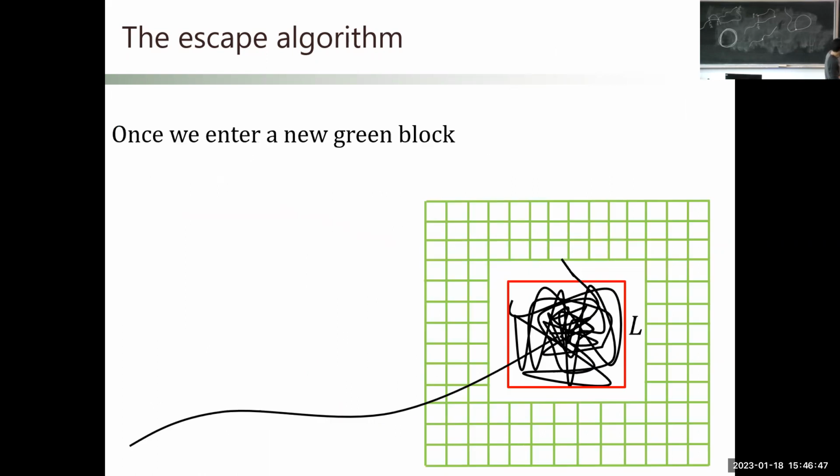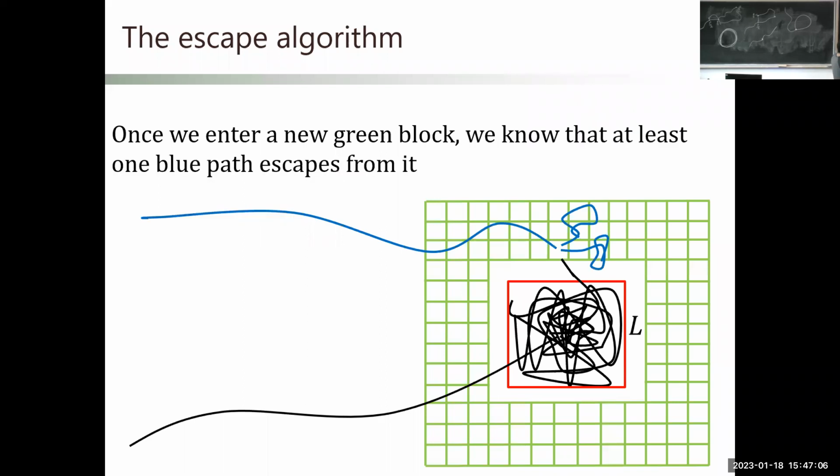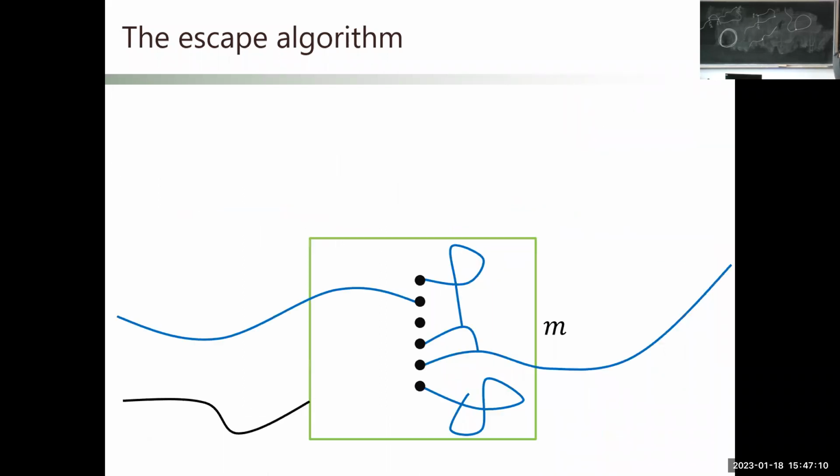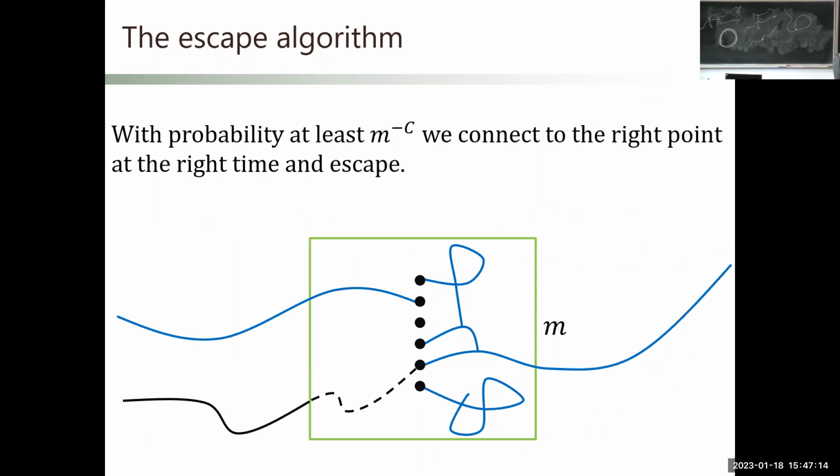What you do, you have this mess. You cover everything with little green blocks. You show that with really high probability, each one of these blocks is escapable, which means that there is a cyclic walk starting from inside and escaping very fast and very far. And then you just connect your cyclic walk to the right point at the right time and escape.